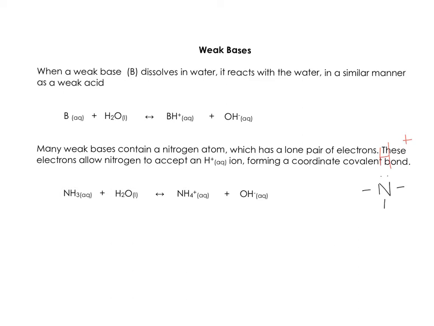An example is ammonia plus water will form an equilibrium with ammonium and hydroxide. So ammonia is the base because it accepts a hydrogen ion, and the ammonium ion is the conjugate acid of the weak base.